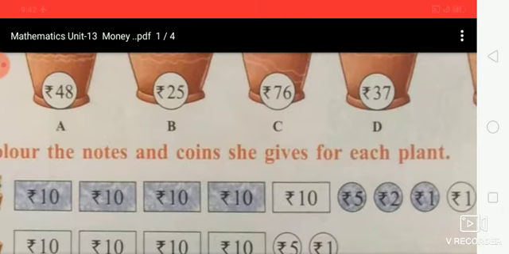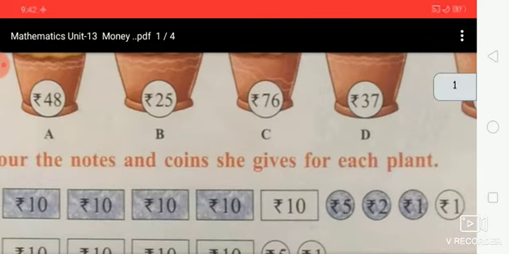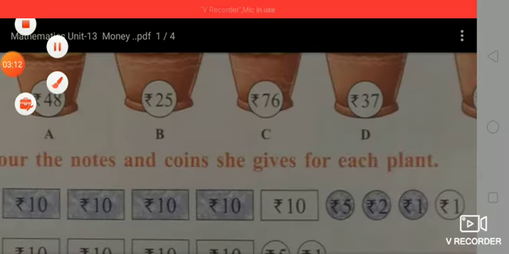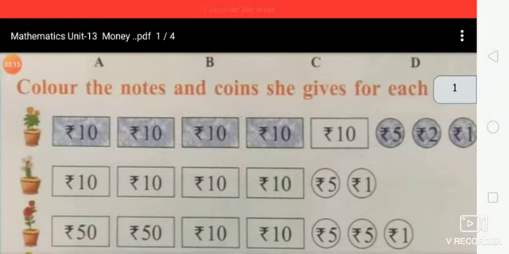Notes are 10 rupees, 20 rupees, 50 rupees, 100 rupees, 200 rupees, 500, 2000, and so on. Is that clear students?